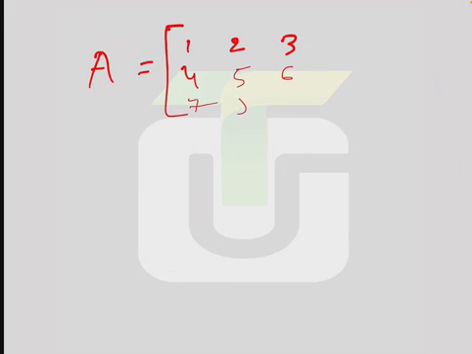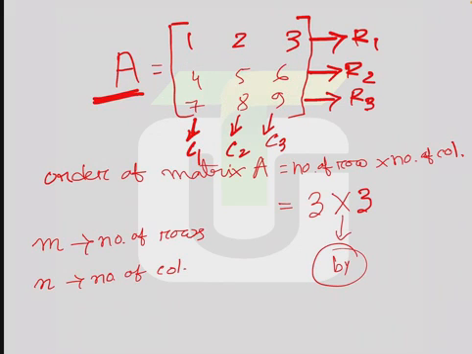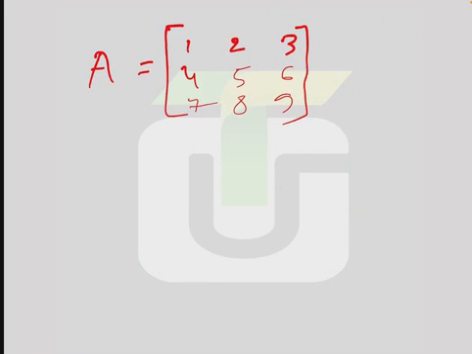Now see, A is equal to 1 2 3, 4 5 6, 7 8 9, correct? We find that the order of the matrix is equal to 3 by 3, so the order of this matrix is 3 by 3. The order of a matrix is written in this place.